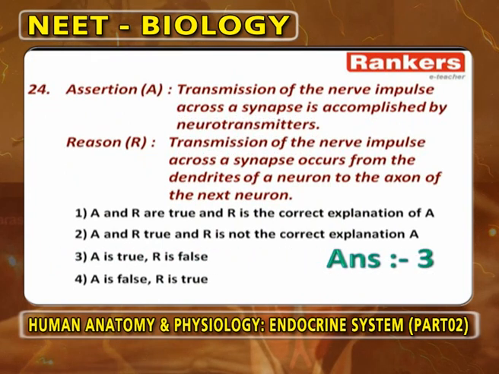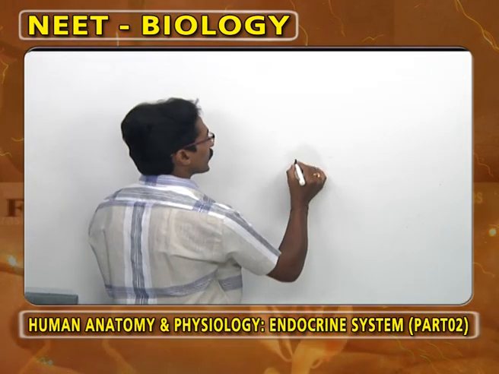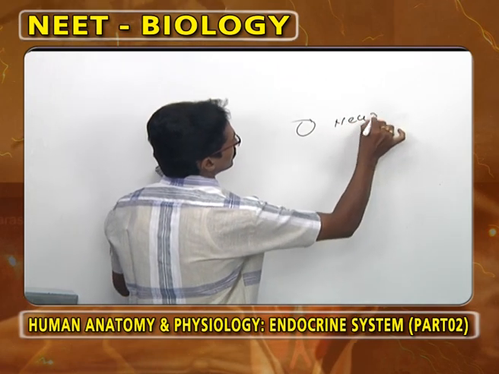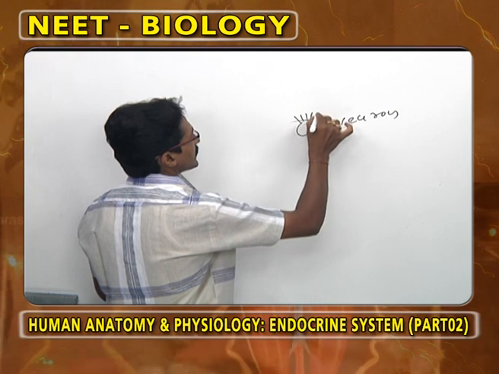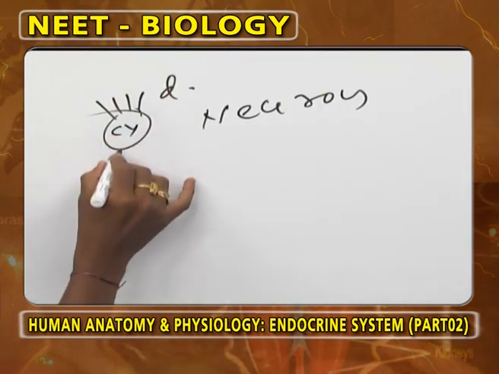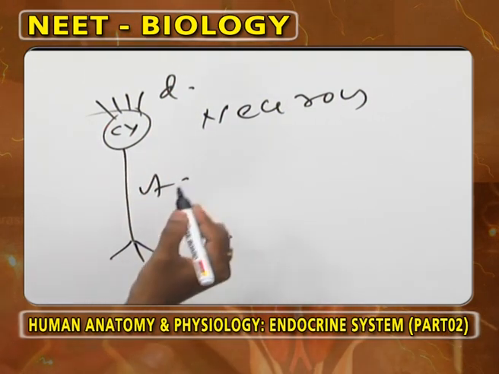Transmission of nerve impulse across a synapse is accomplished by neurotransmitter. Now, as we observe the nerve impulse transmission through the synapse, this is a neuron. It has the dendrons, this is the cyton, this is the axon, and these are called teledendrons.